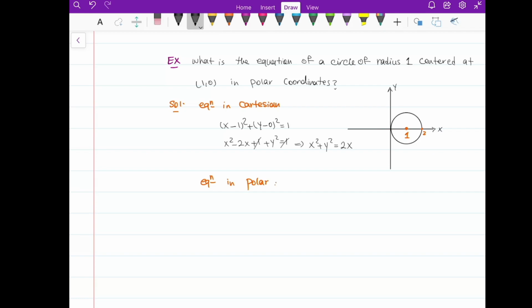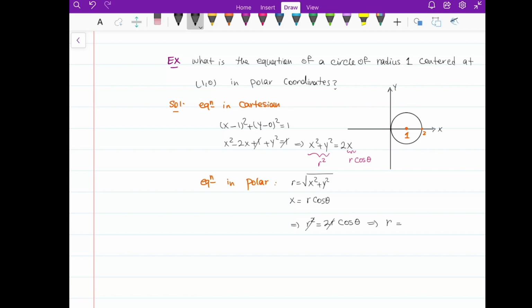How do I do that? Well, this is the Cartesian form, and I know that r is the square root of x squared plus y squared, and I know that x is r cosine theta. So this part in here would be r squared, and x here would be r cosine theta. That's why I get r squared equals 2r cosine theta, and the r's cancel.